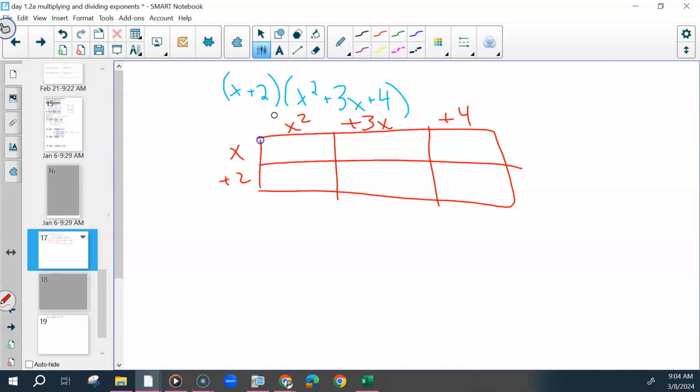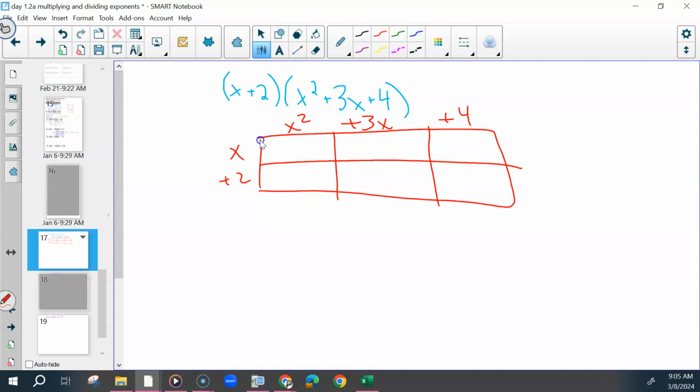So x times x squared would give us, multiplying x times x squared, what would that become?